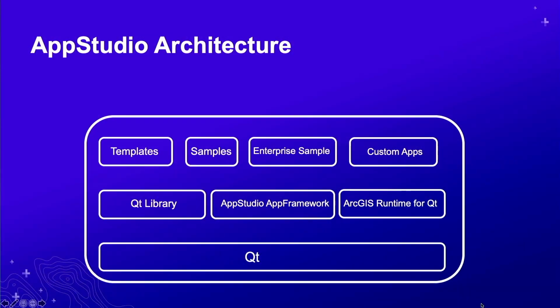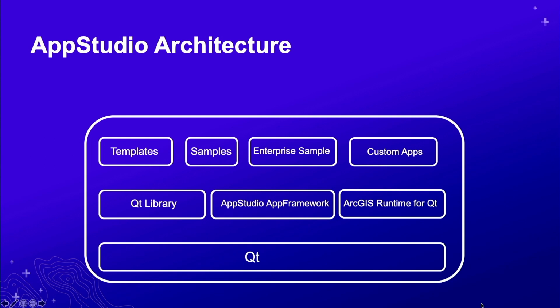Talk a little bit about AppStudio architecture. We have underlying Qt technology that we use that lets you do this cross-platform technology. And also on top of that, we are using Qt library for the user interface. And on the right-hand side, in the middle, we are using ArcGIS Runtime Qt from Esri that lets you add all of the mapping technology that we have.